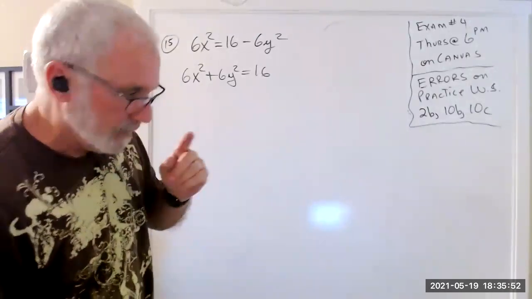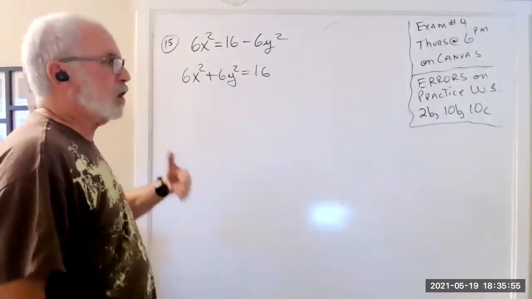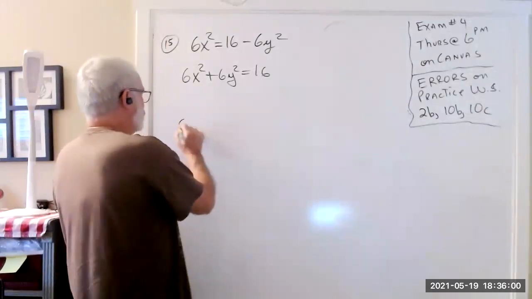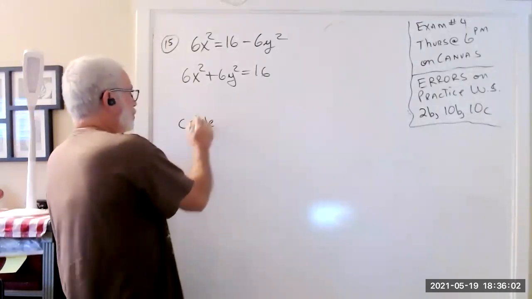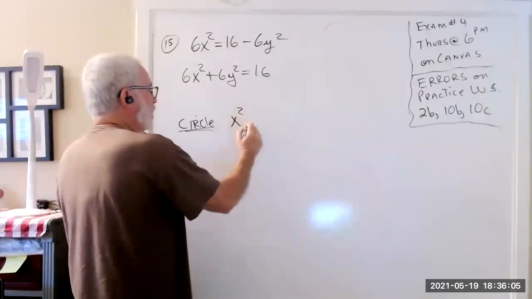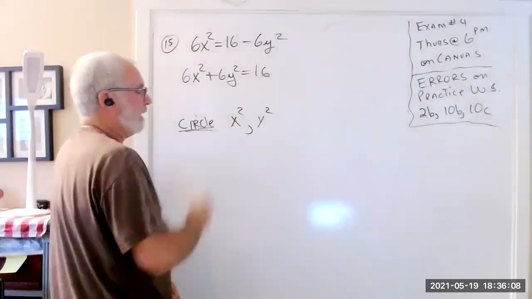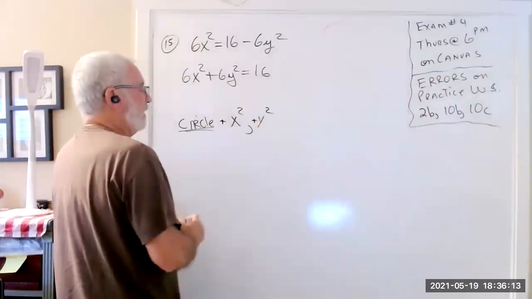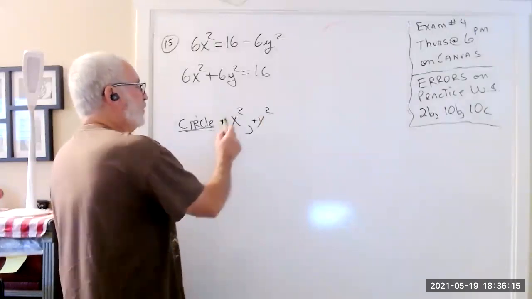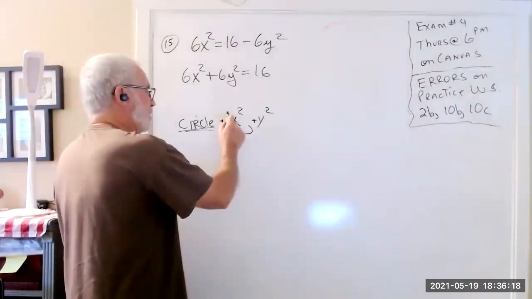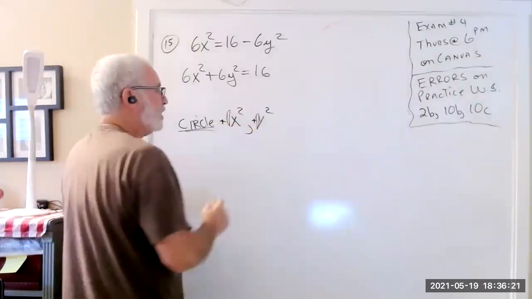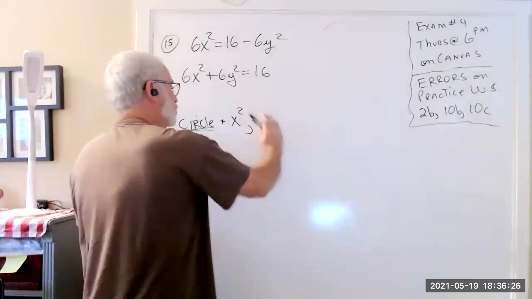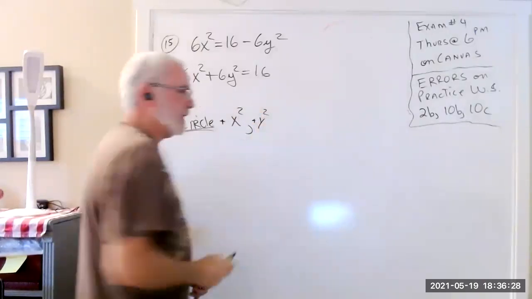I realized that I talked really fast when I was doing this. I said for a circle, you have an x squared, you have a y squared, and they're both plus. And I said the coefficients have to be the same, usually 1.